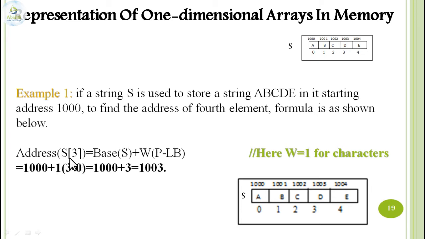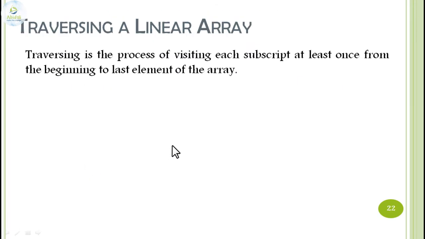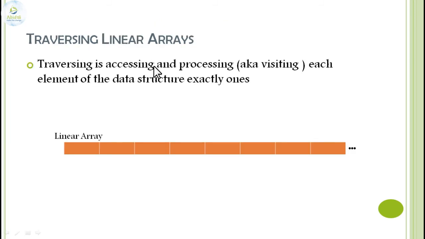So these square brackets are called the subscripts, okay. So the subscripts are used to denote the position of the element where it is located. So traversing is the process of visiting each subscript at least once to perform some operation, that is from the beginning we will travel to the last element of the array by doing some operation. So that is called a traversal.